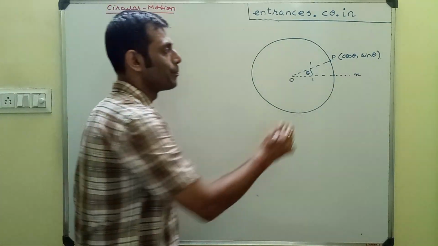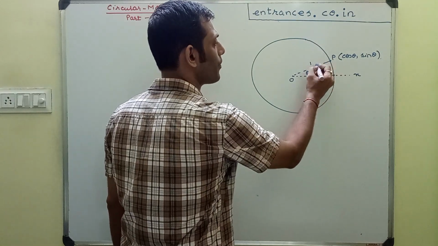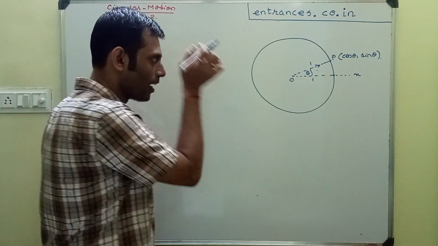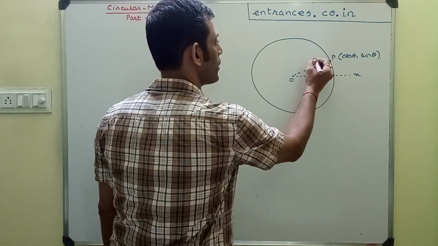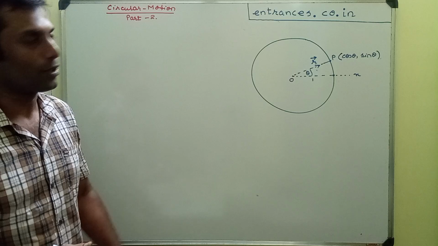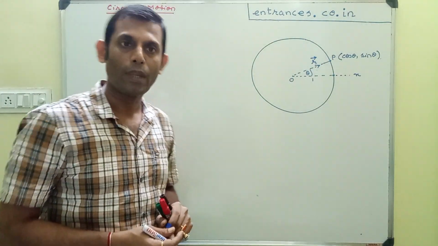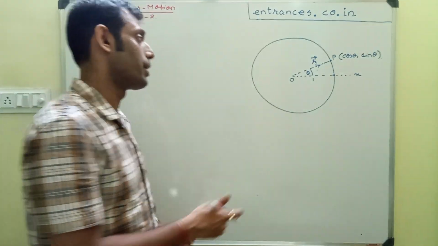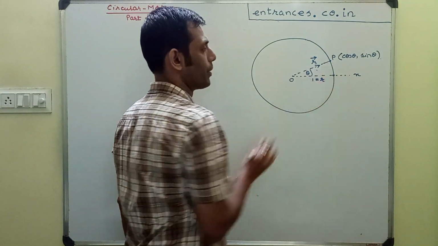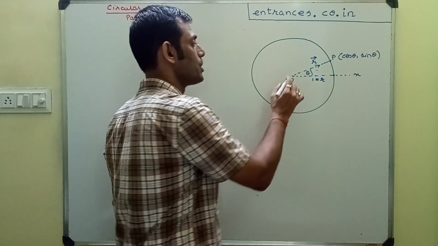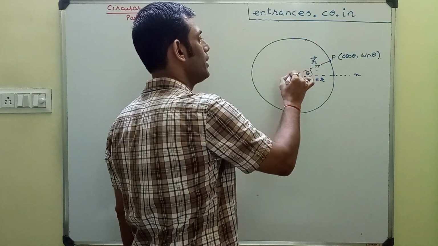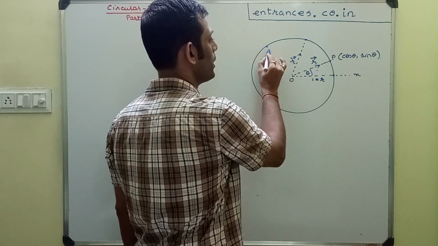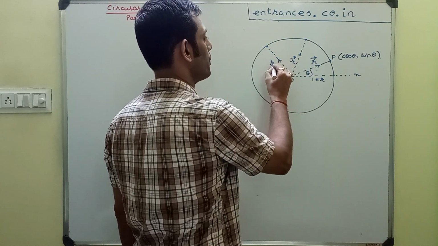Then we can define a radial vector, r vector. The radius vector will define the position vector of the particle at point P, moving along a circular path centered at origin at a radial distance equal to 1 unit. So the magnitude of the radius is 1. Now the radius vector, however, changes. Let's say the particle is sometimes here, then the radius vector would be directed this way. If the particle is here, then the radius vector would be directed this way.